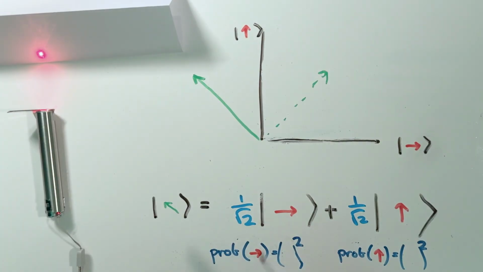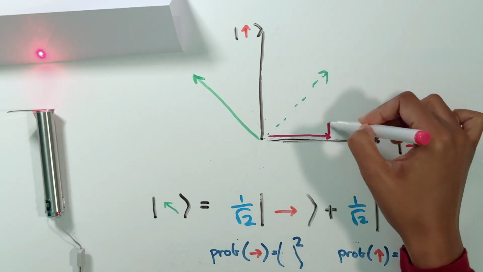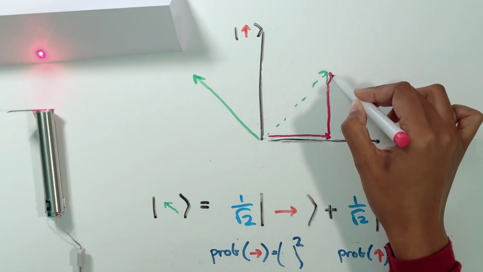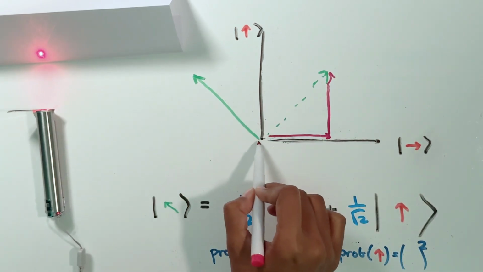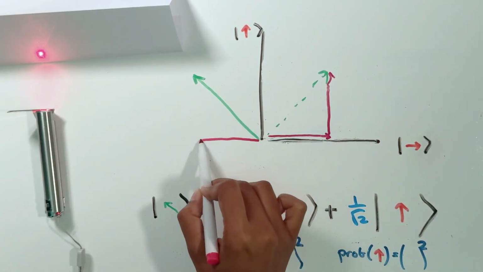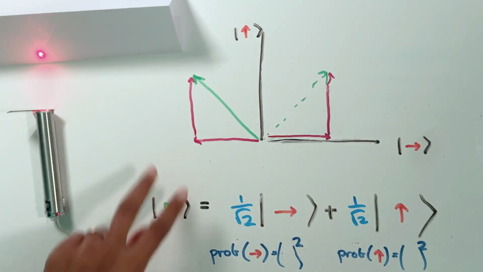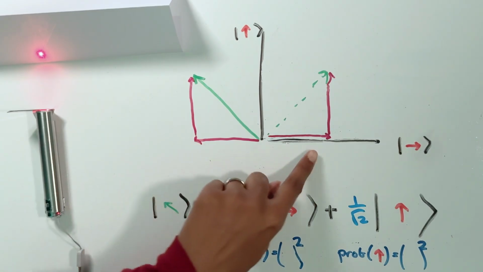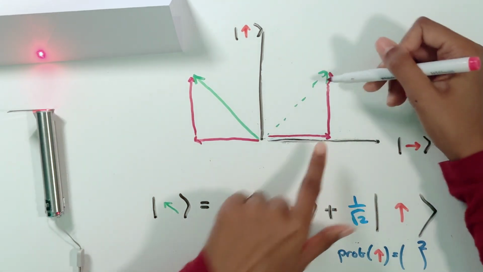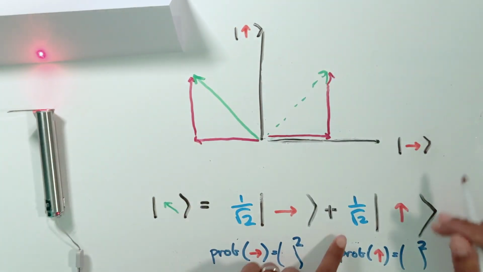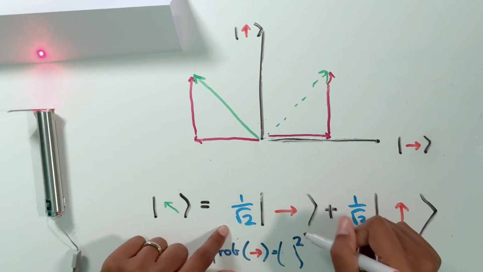Or another way to think about it is the way that we made this vector is by adding a bit of this and this. And if instead we want to make this one, we have to go from the origin the other direction. So we need the same components, but like that instead. Okay, so that means that we want to keep this vertical bit the same as before, because like before, we just want to go upwards. So that part is all exactly right, but it's this part that needs to change.